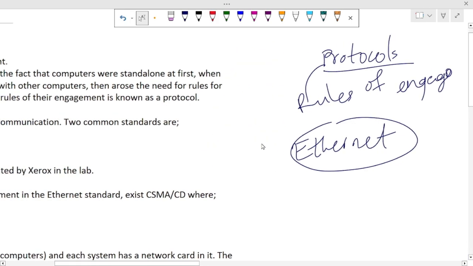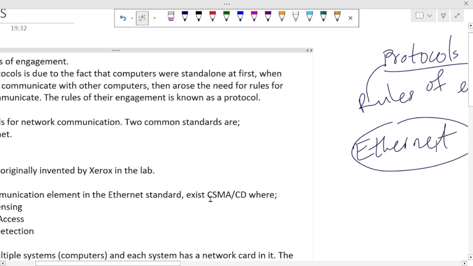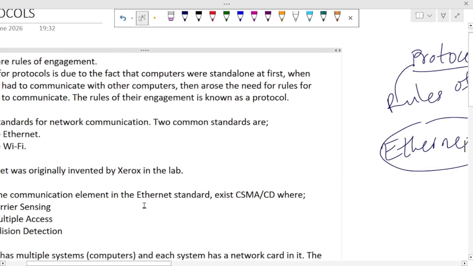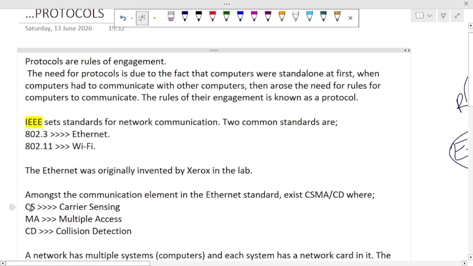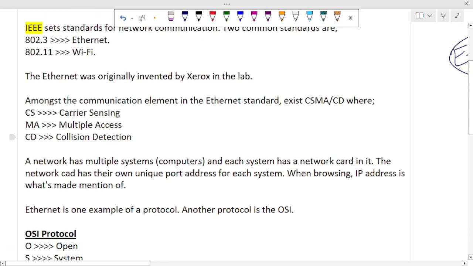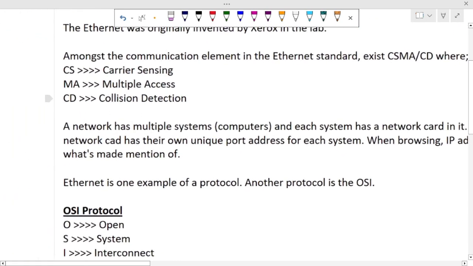One of those elements is CSMA/CD, where CS means carrier sensing, MA means multiple access, and CD means collision detection. Of course, this is an introductory class, so I'm not going deep into them.